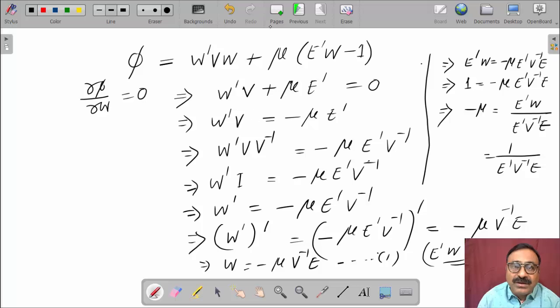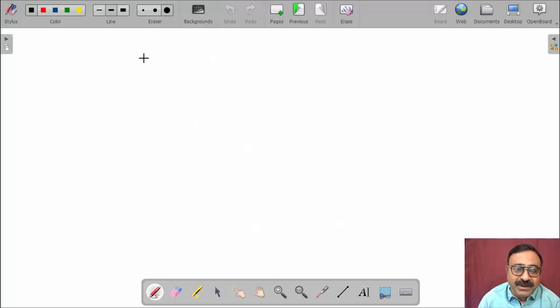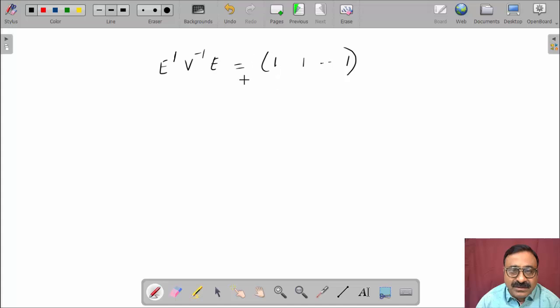Now we consider E dash V inverse E. E dash V inverse E is equal to E dash 1 1. E is the elements 1, a P plus 1 matrix, so E dash is a row matrix, each element 1.